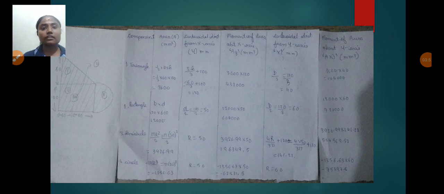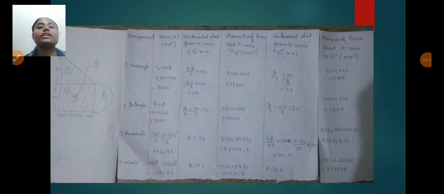Moment of area: we multiply 12,000 into 50, we get 6 lakh. The centroidal distance from the y-axis, which is x, is b by 2, we get 120 by 2, which is 60. When we multiply 12,000 into 60, we get the moment of area about the y-axis, 7,20,000.